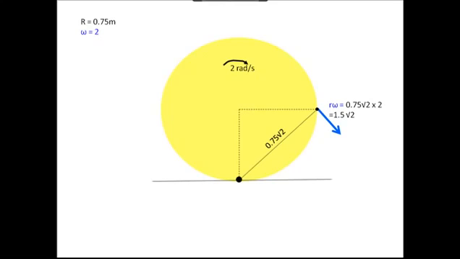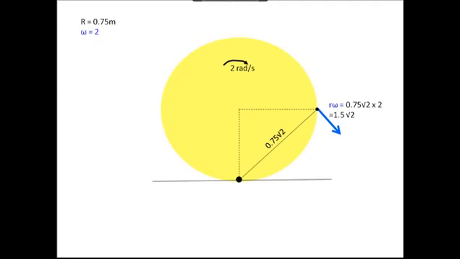So it is 1.5 root 2, and the direction is perpendicular to this r because it is r omega. It's as if this point is moving around in a circular path about the reference point. So this blue arrow shows the direction, and the magnitude is 1.5 root 2 of the velocity of the point on the circumference.